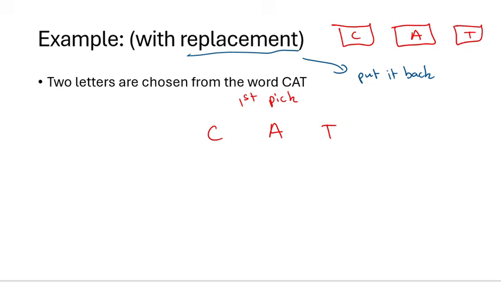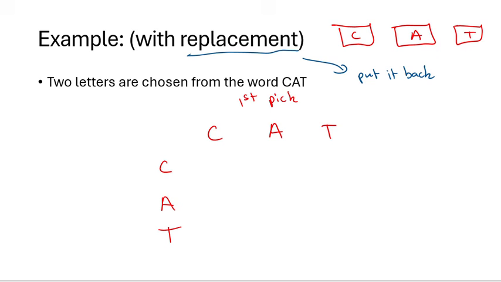I can reshuffle it again and then pick a card the second time. Now, the options you have are technically C, A, T as well. I'll write this a bit further down just to give it some space: C, A, and then T.